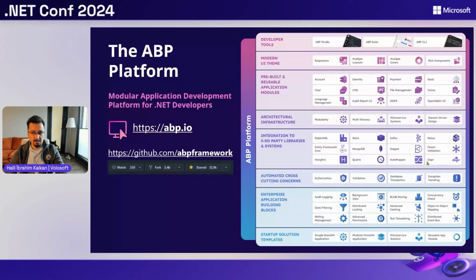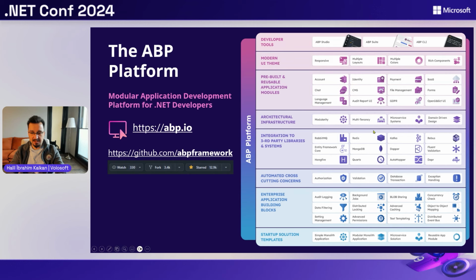We created the ABP framework from the beginning to support modular application development. It provides almost everything, starting from a solution template. You can just create a modular monolith application and install some pre-built modules.